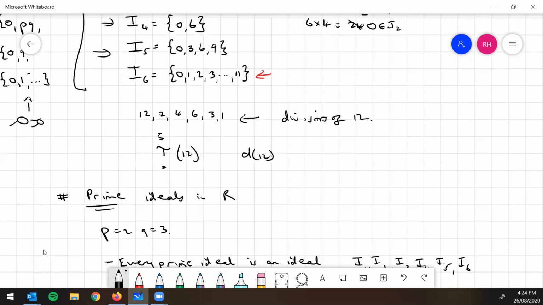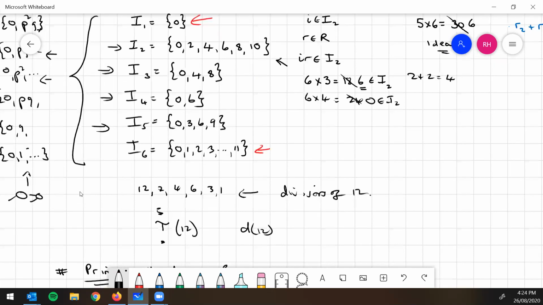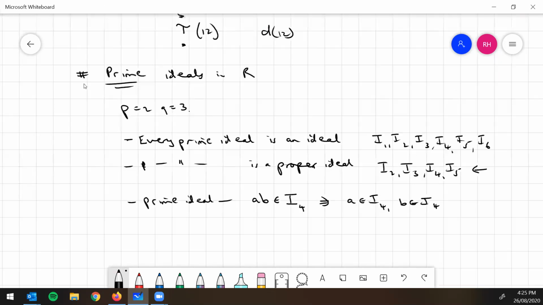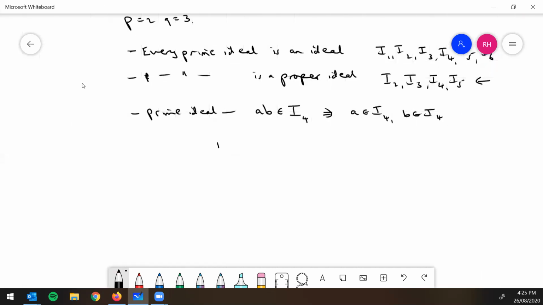So let's just run that, go back and have a look. I'll just do one and have a look at one of them. What about I3? In fact, I3 is 0, 4, 8. So what does that say? Well, if we take an element, say 4, so AB equals 4.